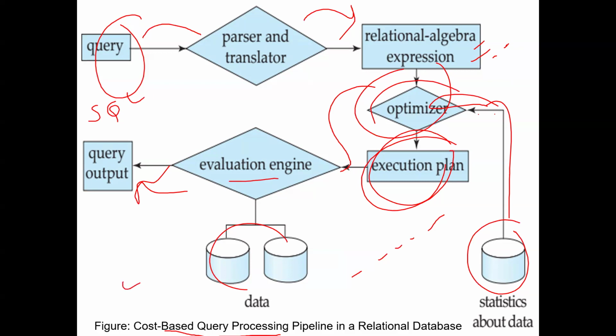So this figure is called the cost-based query pipeline in the relational database. In the exam, you can be asked a question about drawing the query processing pipeline by using the cost. So this is the answer for it. You draw it and explain it. The explanation is also given in the slide inside the notes.